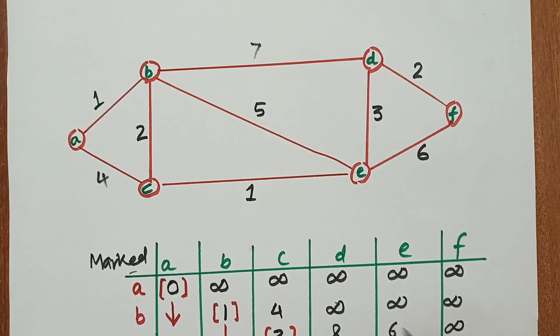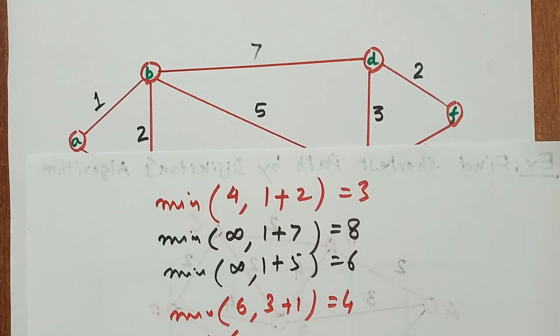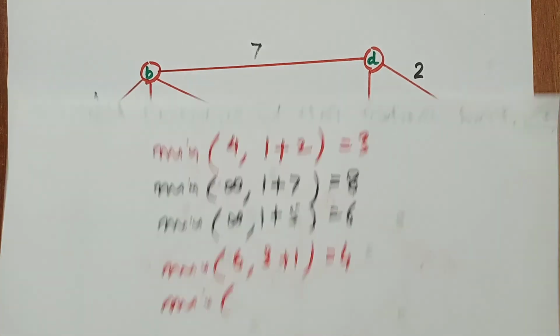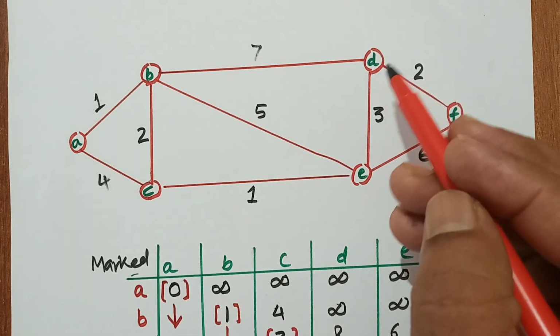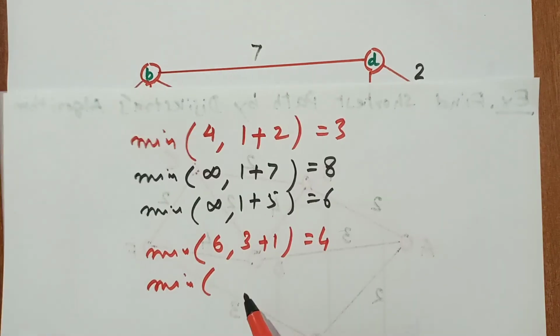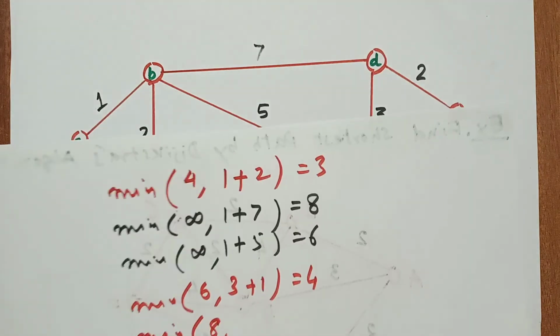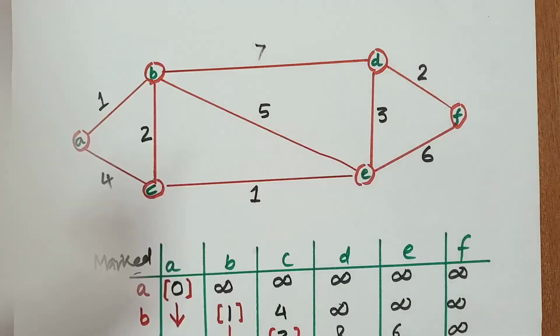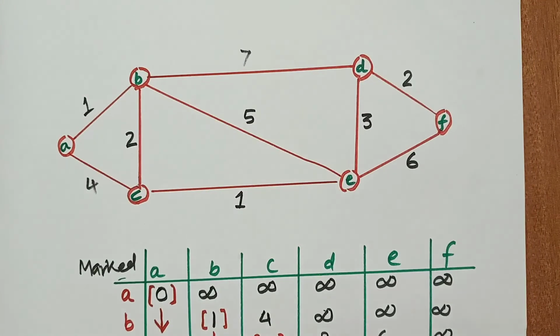So formula is minimum of old destination. So old destination you concentrate E. So E to D. So what is the old value of D? 8. So you write here 8. What is marked value? 4 plus what is the weight? This is marked. Weight is E to D is 3.